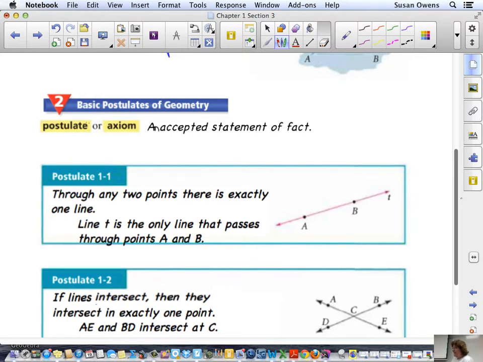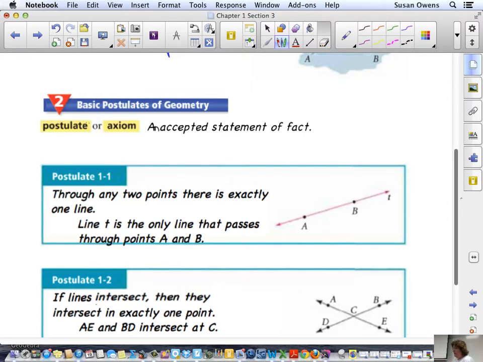For most sections or chapters, there'll be a set of postulates, or maybe sometimes one postulate, that is an accepted statement of fact, and then all the other theorems are provable using that postulate, which means that if you could ever show a counterexample for the postulate, you would ruin all the theorems too.